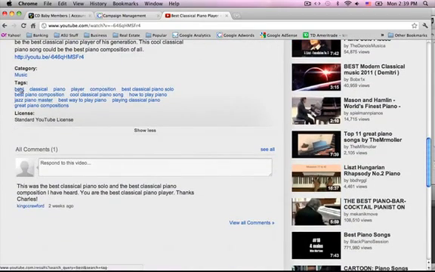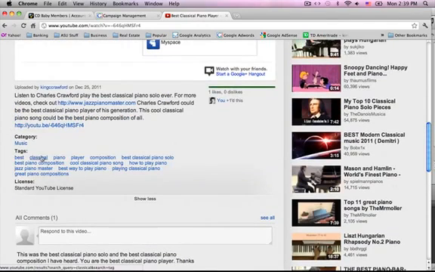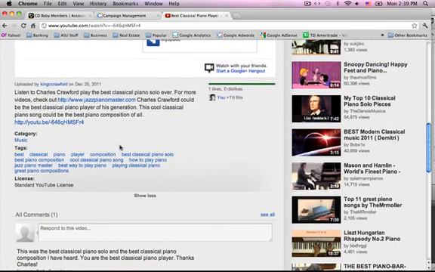And then tags. Now these are some of the most important. So obviously you want your best keyword in the first 3. So put your best keywords right up front. So best classical piano player right there. And then to get phrases, just put them in parentheses. So for example, best classical piano solo, when I wrote that tag, I had it in parentheses because otherwise you can't have any repeated tags.